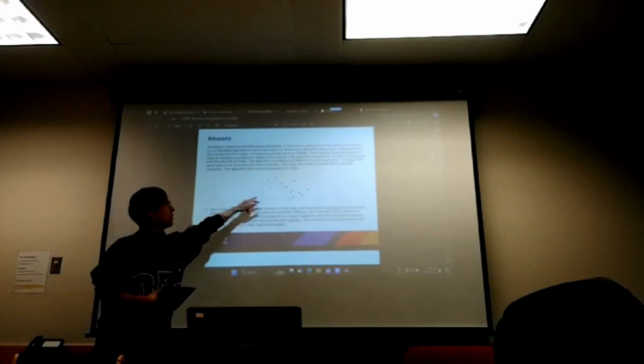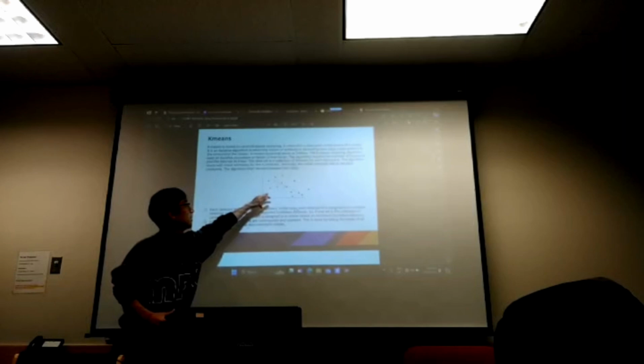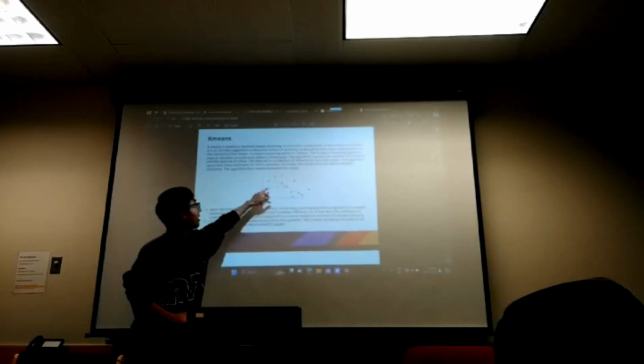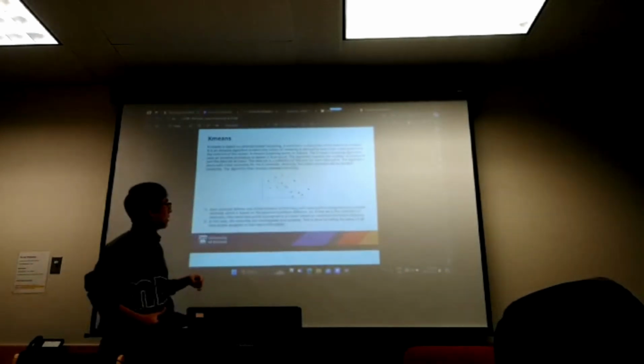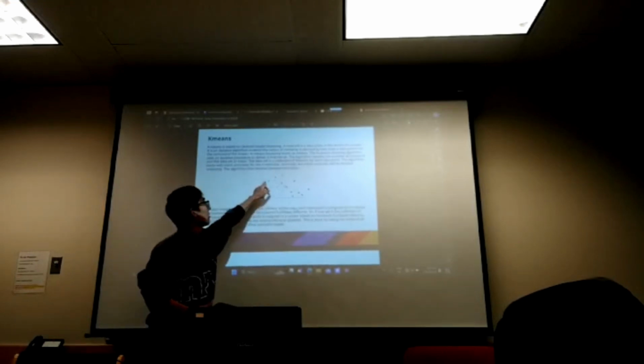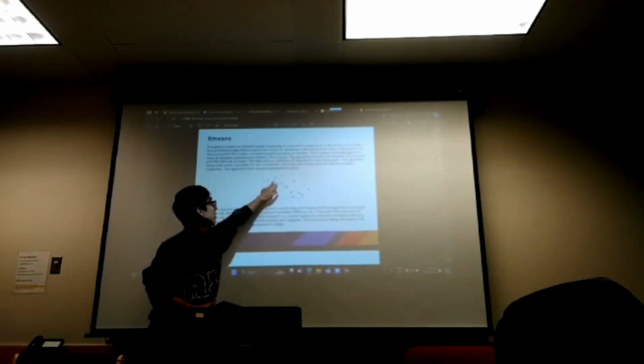So if this is our data, at first it will set centroids randomly, like this. Then we need to calculate the distance of all the points to the centroids.